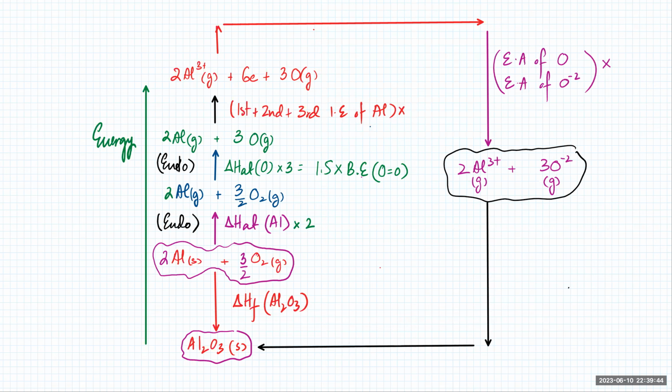And that's my lattice energy. So one path is equal to the other path. You could make any two paths equivalent and you'll be able to solve this.